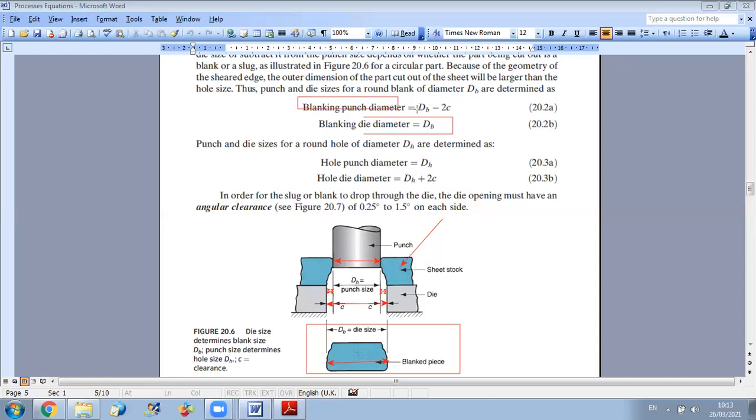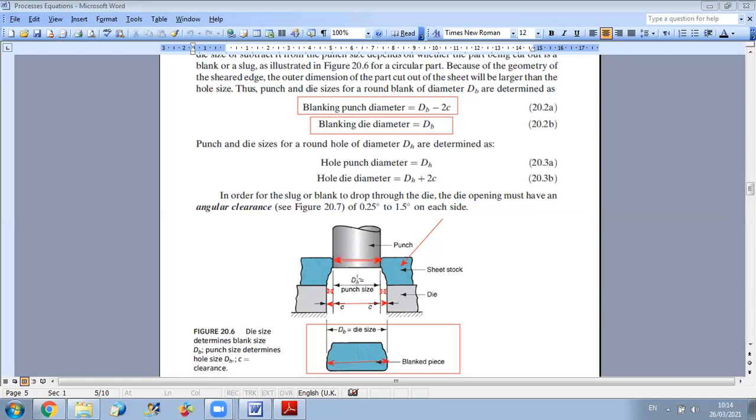On the other hand, if you desire just to make a hole in a certain sheet stock, then your final product will be the part that remains after a part is removed. Then the hole will impose the size of the punch, because the hole size should be equal to the punch size.